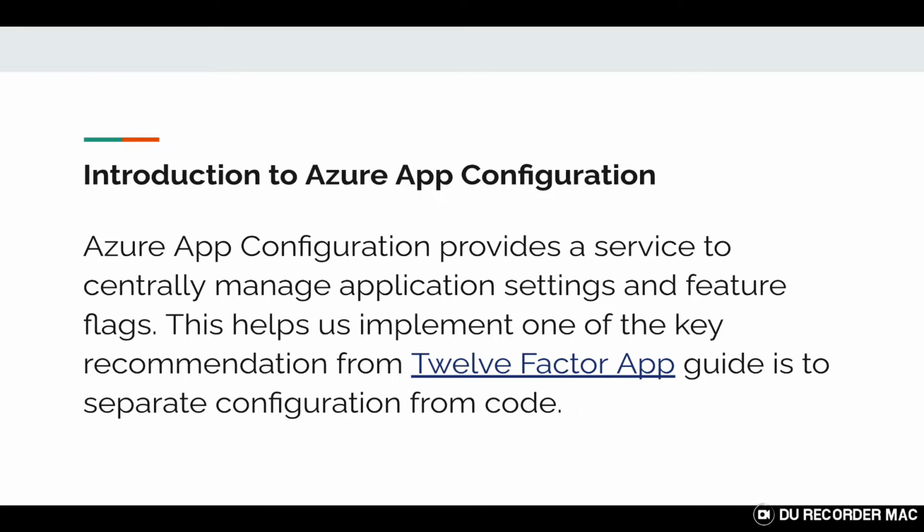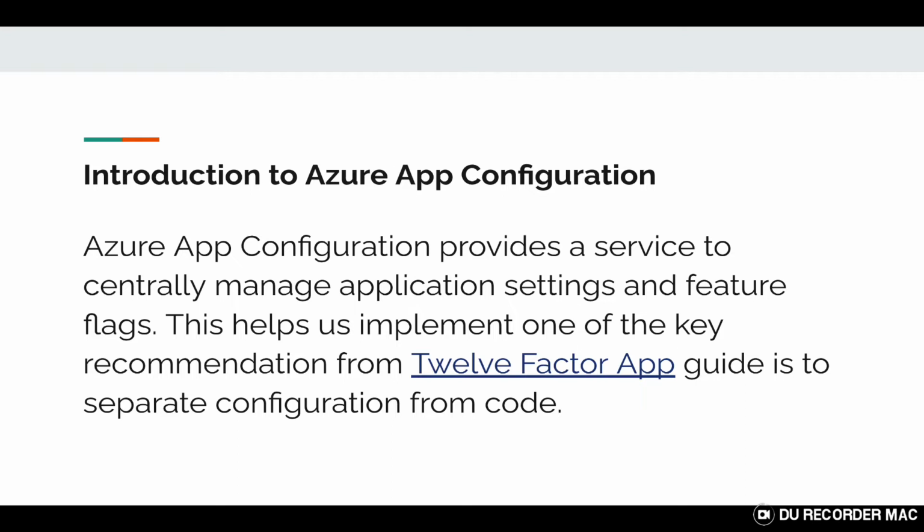Basically, you would have your application, and a configuration associated with it, like the backend URLs or the keys and any other configuration which your application might require at runtime. You can keep it in Azure App Configuration, and you can then access it through your application at runtime. This helps us implement one of the key recommendations from the 12-factor app guide.